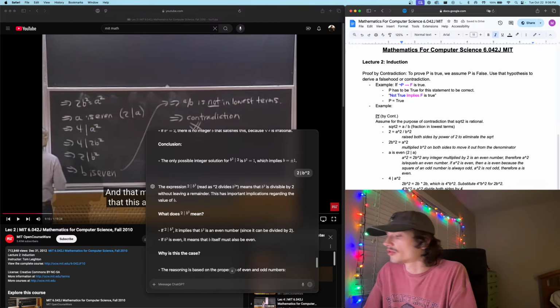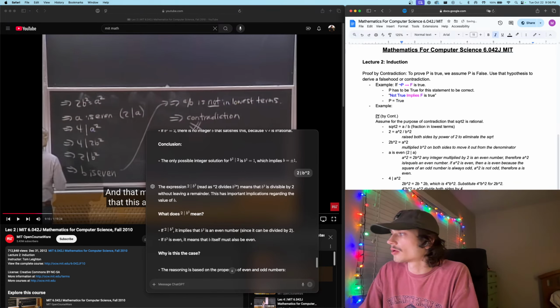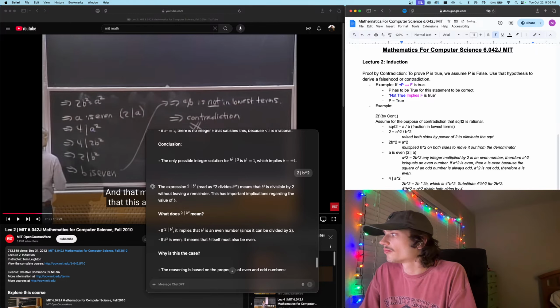If b squared is even, then b is even because the square of an odd is always odd. A squared is not odd, therefore a is even.